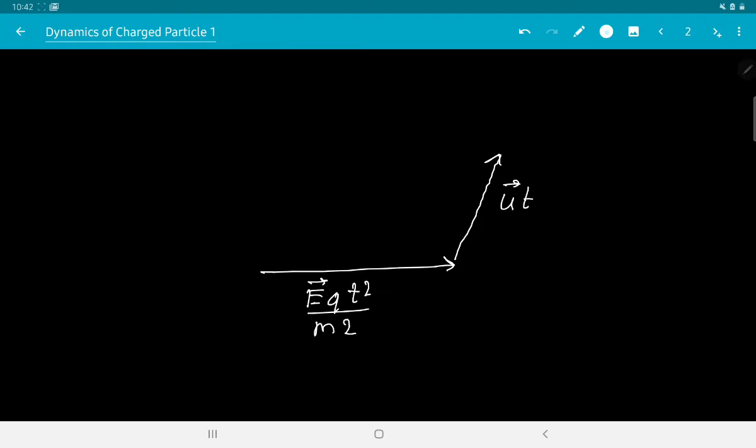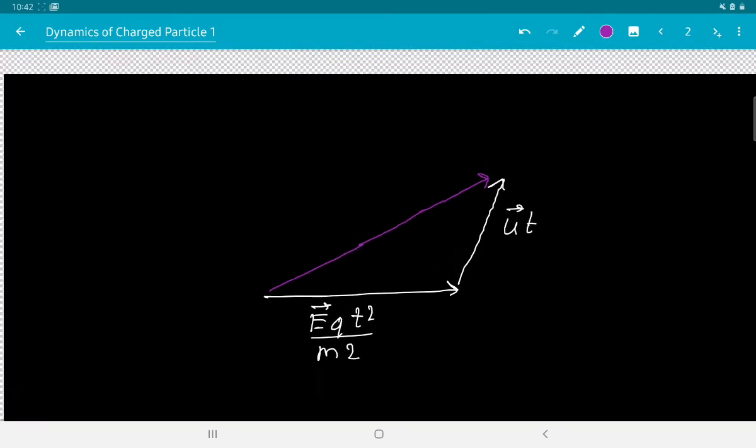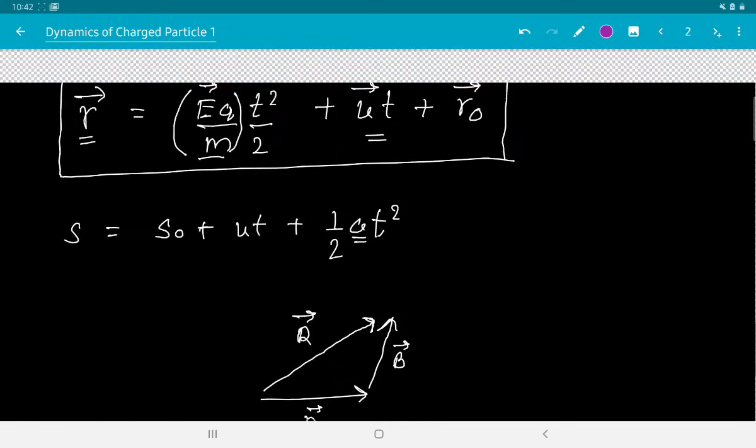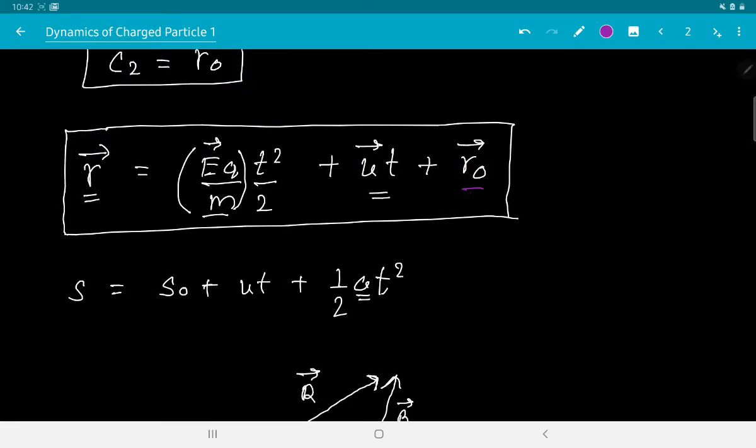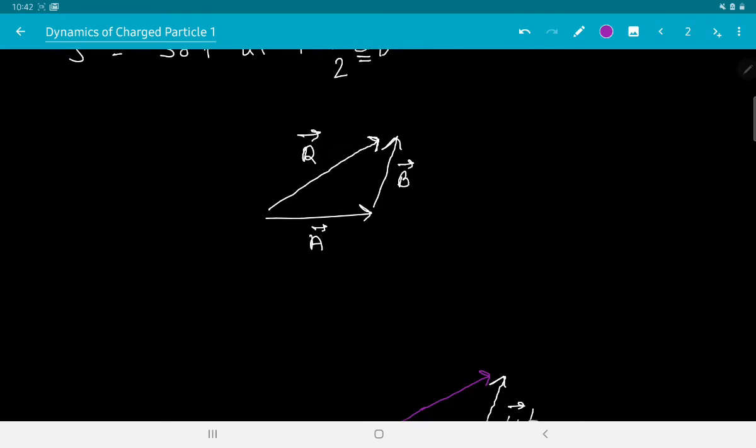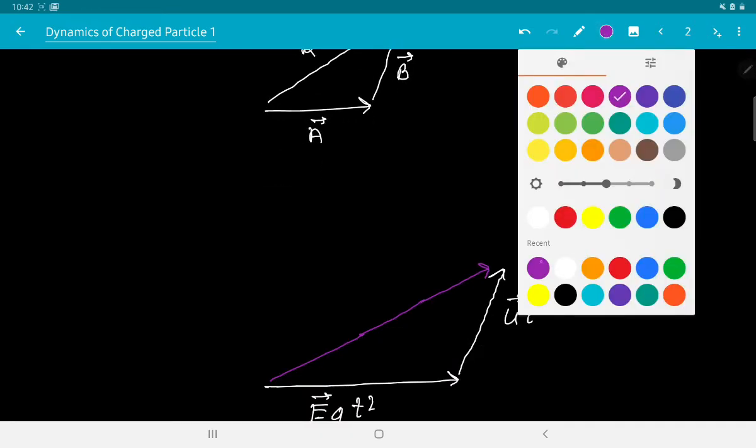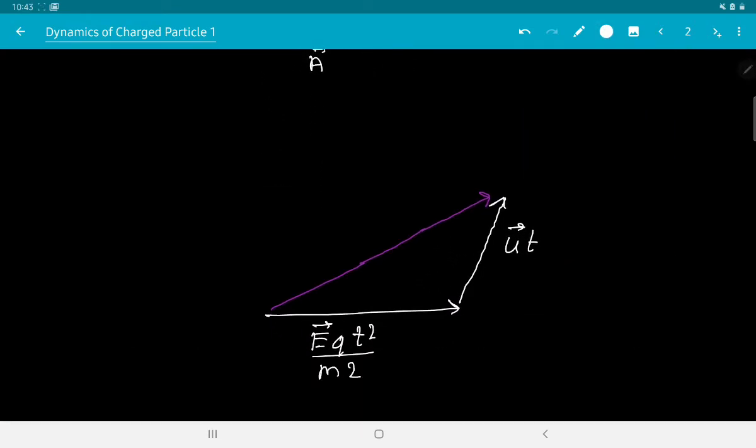Now this is going to give us a resultant. Let us represent that resultant here by joining from the tail of the first vector to the head of the second vector. When we add this resultant with the third term, which is the initial displacement of the particle, let us say the initial displacement is shown by this vector.